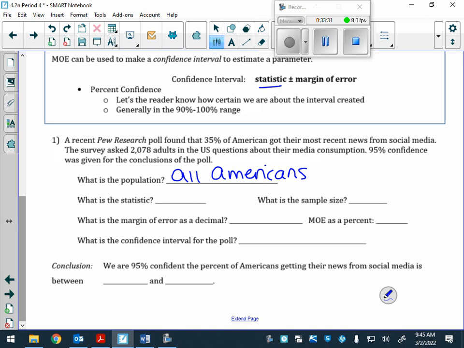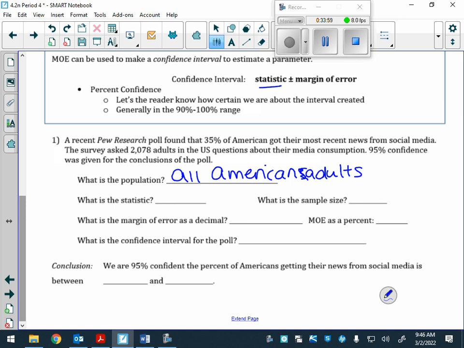You could even make that even more specific, because here it says 35% of Americans, right? But then it says adults. So we could include all American adults, right? Good. Okay, what is the statistic?